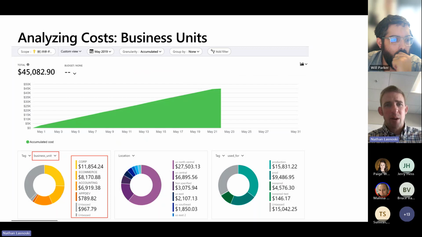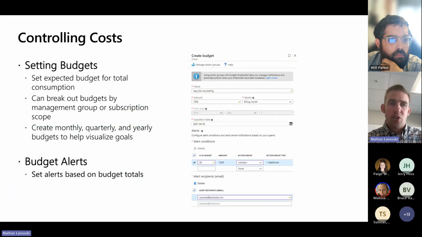Also being able to slice them based upon business unit. You just notice that, hey, this is just tagging. Yeah, it's just tagging. Then it applies to the ability to make effective decisions. Also setting budgets associated with the environment.